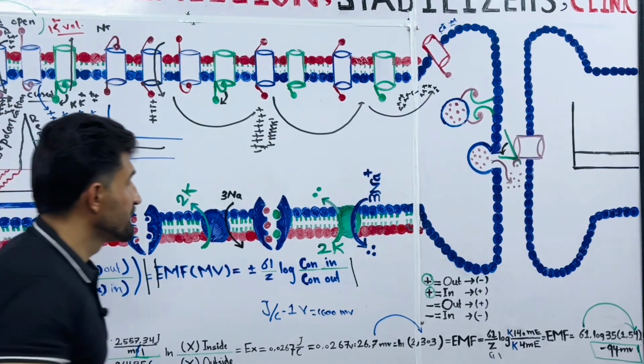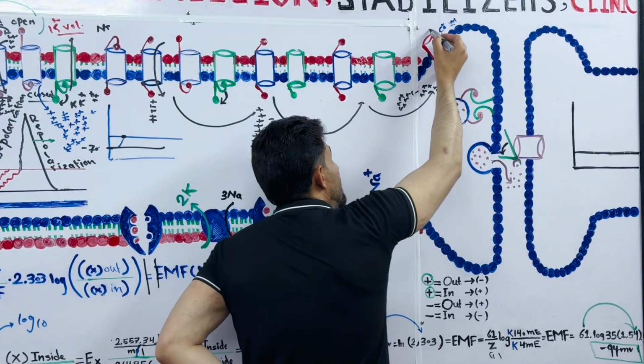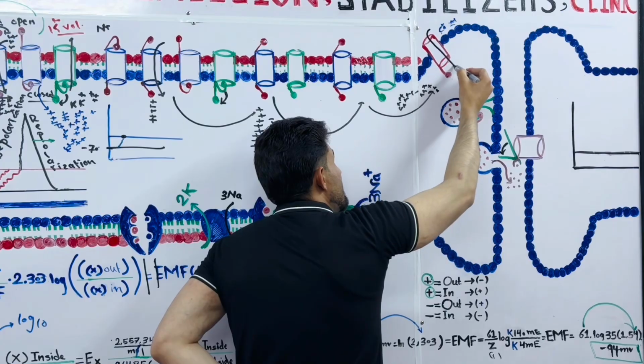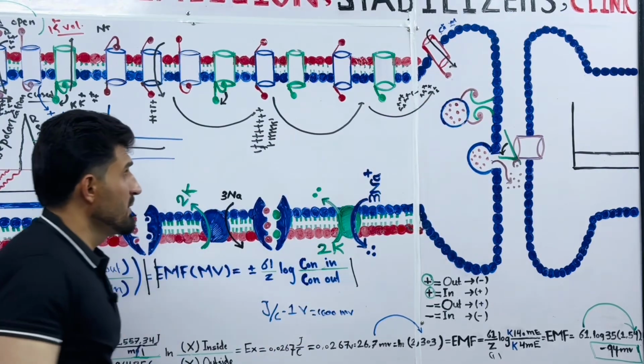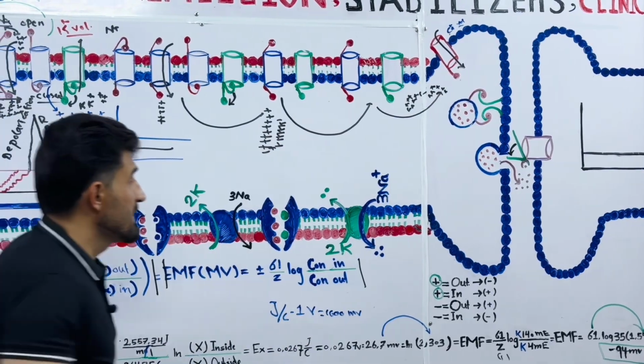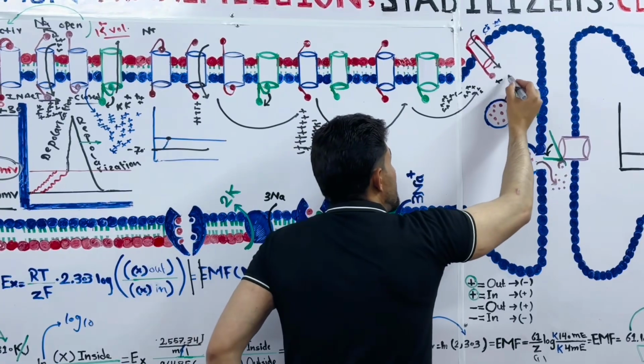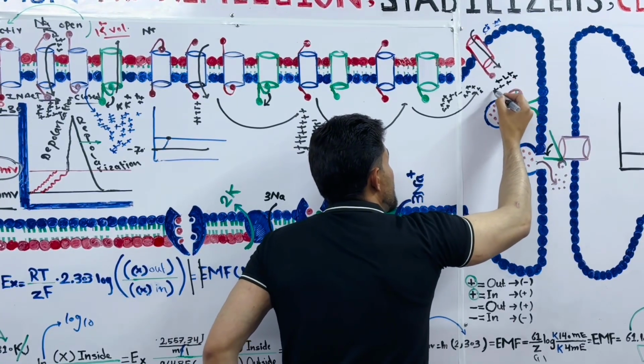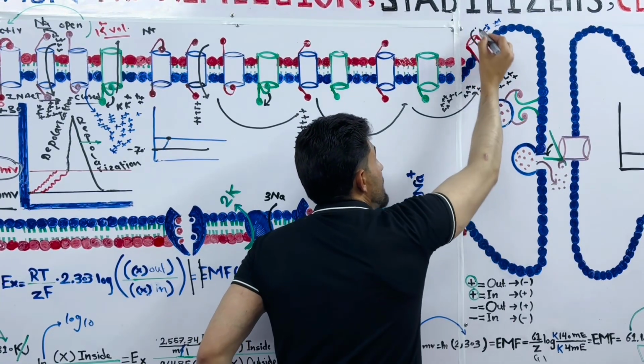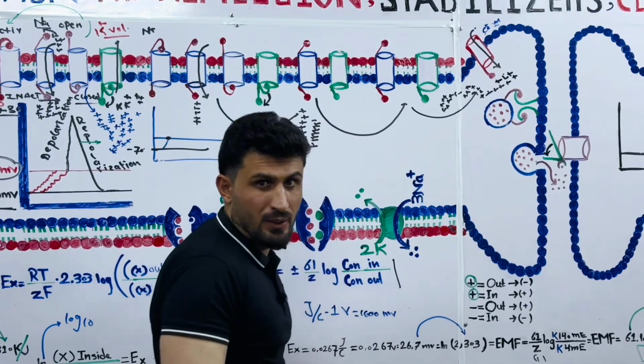When they are stimulated, a lot of calcium enters the cell from high concentration gradient to low concentration gradient.